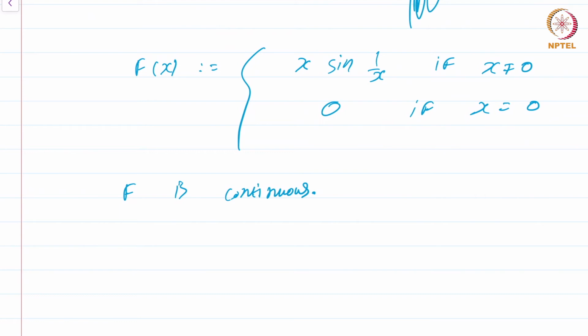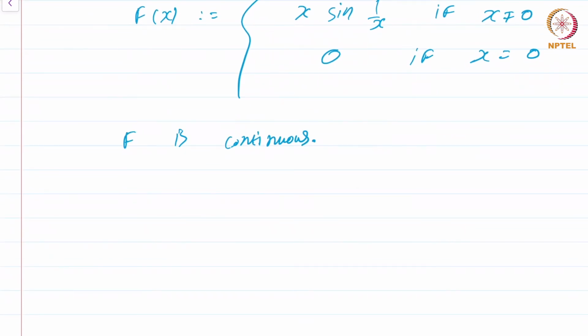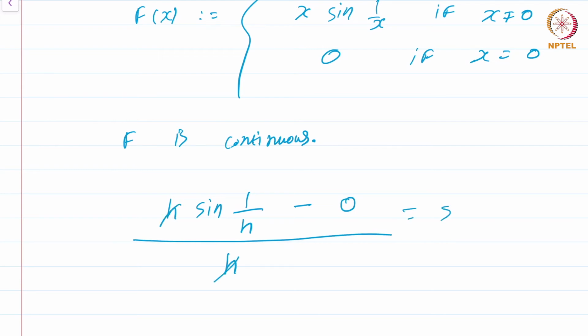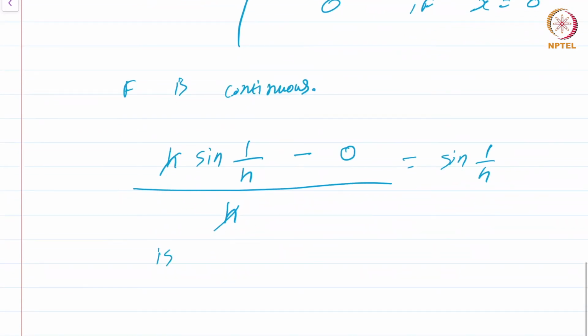Now, let's try to take the derivative at the origin. So what you have to do is take h sine 1 by h minus 0 divided by h. This just gives sine 1 by h, and therefore this function f of x is not differentiable at 0.